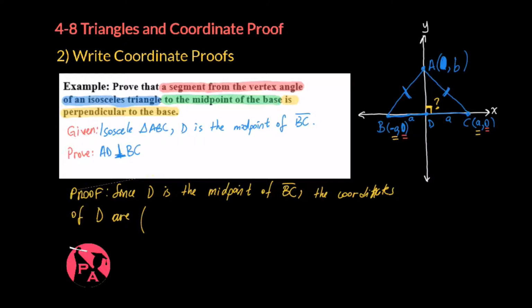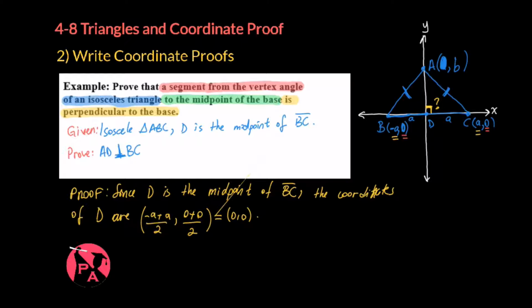So add the x-coordinates and divide them by 2 since it's the midpoint, add the y-coordinates and divide them by 2. This means that the coordinates of point D are (0, 0).